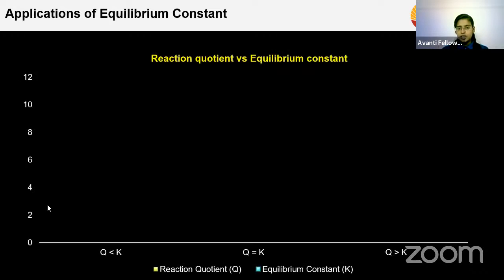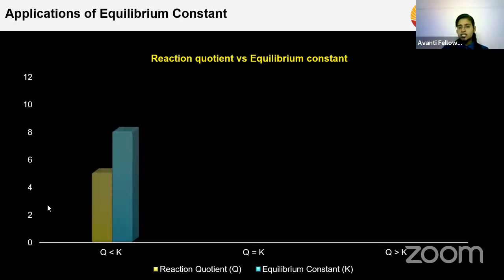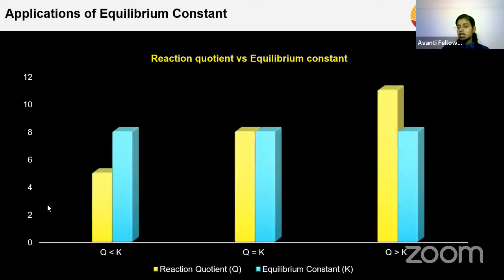So here you see the Q versus K graph. We have 3 cases here also. In the first case, K is greater than Q, in the second case, both of them are equal, and in the third case, Q is greater than K. If K is greater than Q, and Q is trying to become equal to K, then we can say that the reaction is moving in the forward direction.